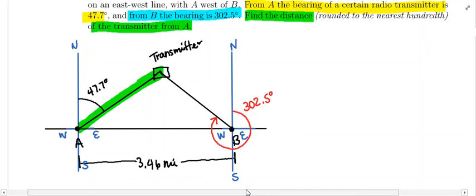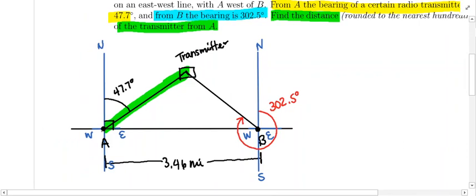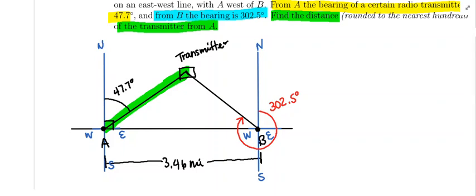We don't know any of the interior angles of the triangle, but we can find them based on the information we've been given. If we start with point A, we know that when we drew in the north-south line and the east-west line, those are perpendicular. So this is a right angle that should measure 90 degrees. This 90-degree angle can be broken up into two angles: this 47.7 degree angle, and this other angle right here.